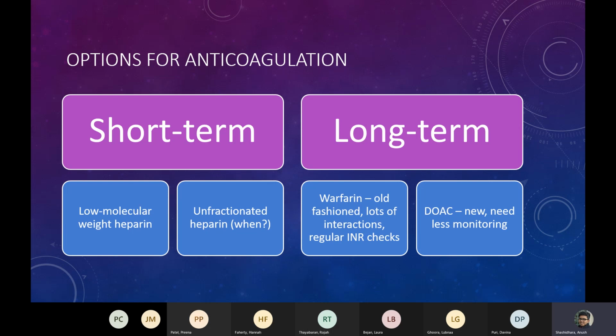So can anyone tell me why we don't use warfarin in the short term? There's some clues in terms of... wait, there's no clues on the slide, but you may know this. Is it easy to simply start warfarin? Can you just take warfarin and then go off?